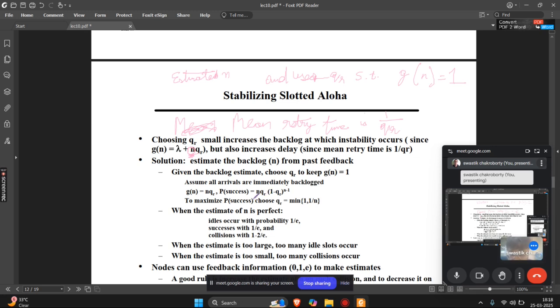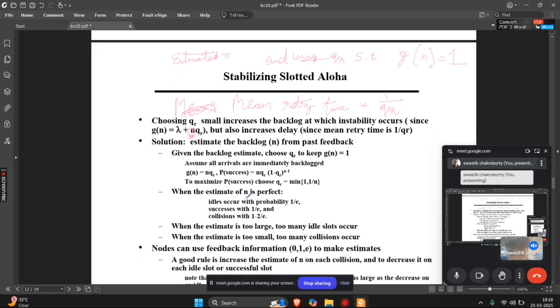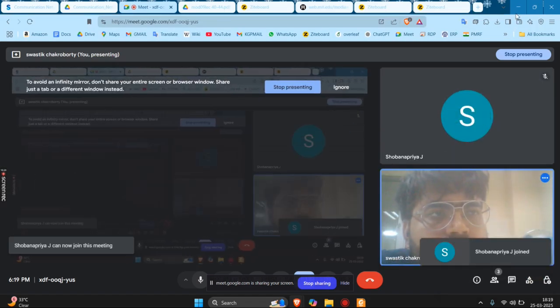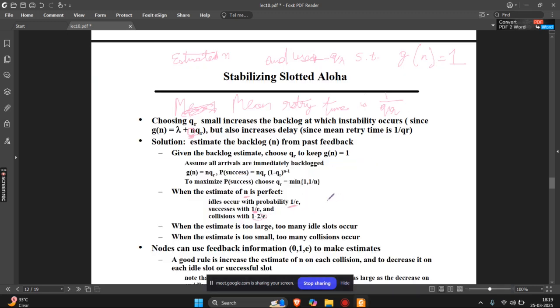When the estimate of n is perfect, success occurs with a probability of 1 by e, idle state occurs with a probability of 1 by e, and collision is of course the third state. Collision will occur with probability 1 minus 2 by e. So 1 by e and 1 by e are the ideal probabilities for idle, that is no sender has any packet to send, and success, that is only one sender has a packet to send. Collision is the exclusion of these two events.